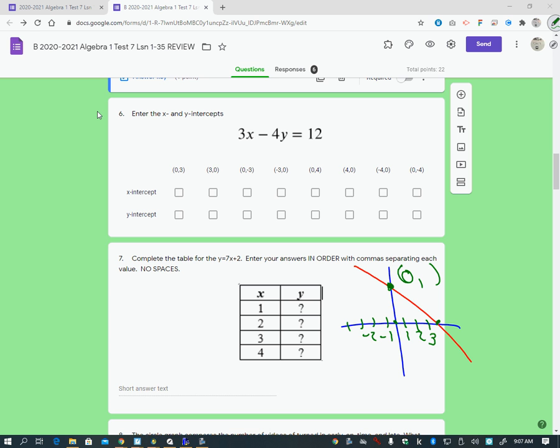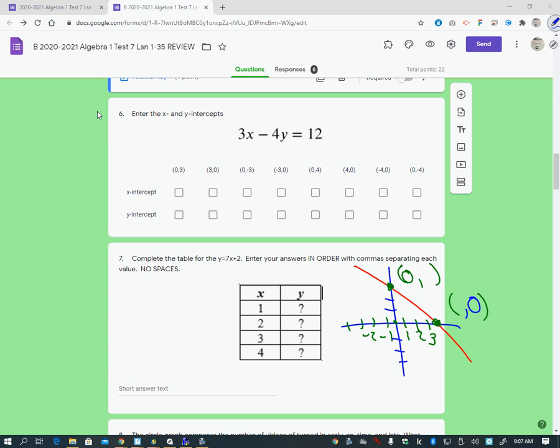So this spot right here, what is the y coordinate of that x-intercept? No. That would be the x coordinate. It's 0, okay? Because the y is not going up or down. The y coordinate is 0. Does that make sense? Does everybody get that?